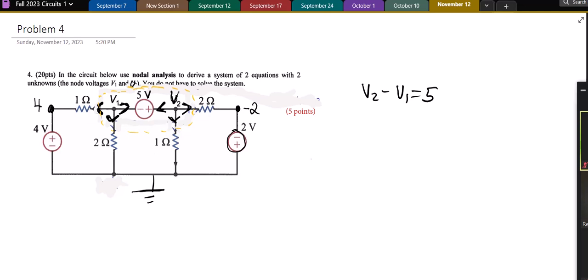Now, coming out of a node, what we're going to do is sum up all the currents coming out of a node. The sum of all the currents will equal 0. And here's how you write a current. Ohm's law tells us that V equals IR.